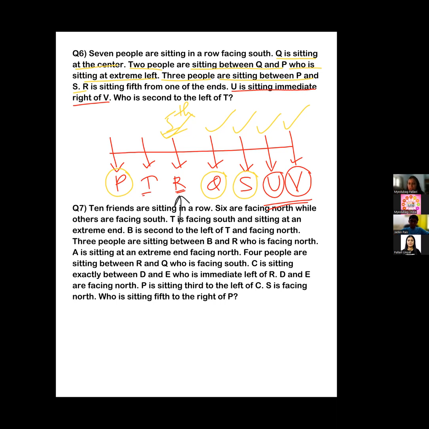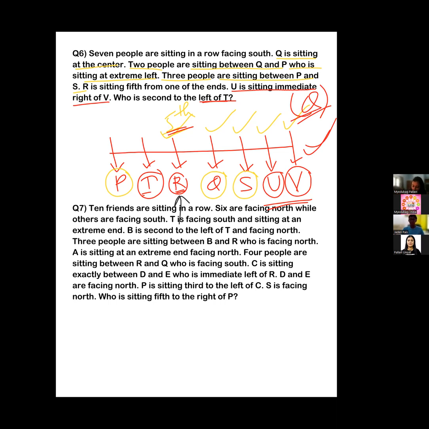So there was only a counting mistake. From the end it was fifth, so R should be here, and this is the final arrangement. Now, who is second to the left of T? Q. So the answer will be Q. Very nice. Good.